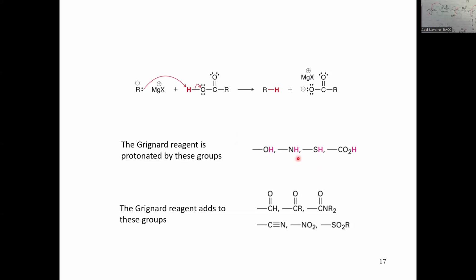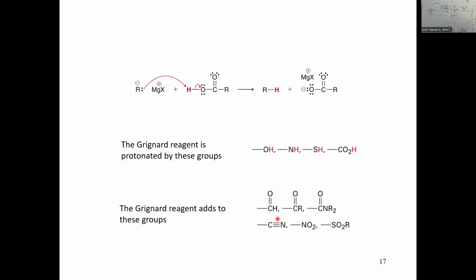So what should I do then, Professor? If those groups are present, you have to protect them. You use a protecting group, and the protecting group will take care of it. Also, you cannot do Grignard on ketones, aldehydes, or esters if the same molecule has these groups present. Why?